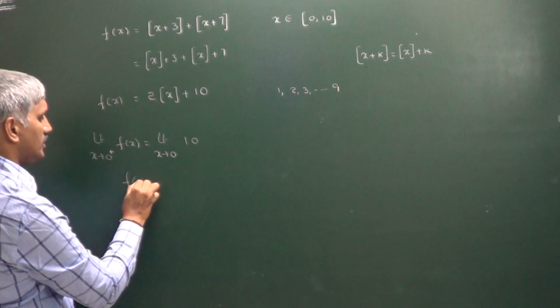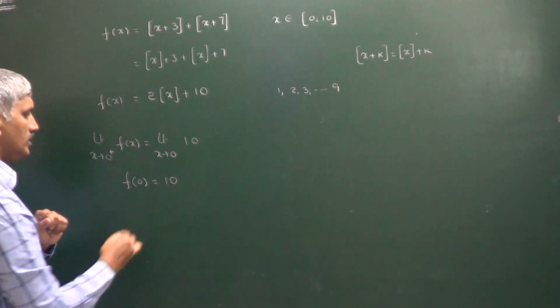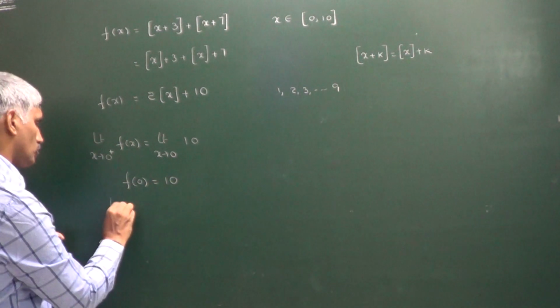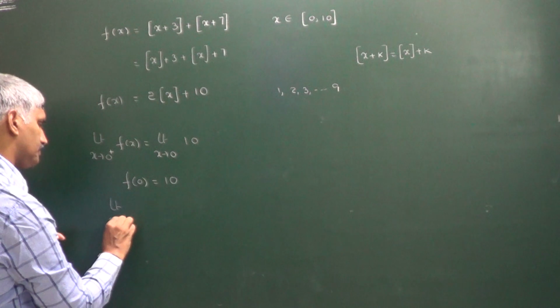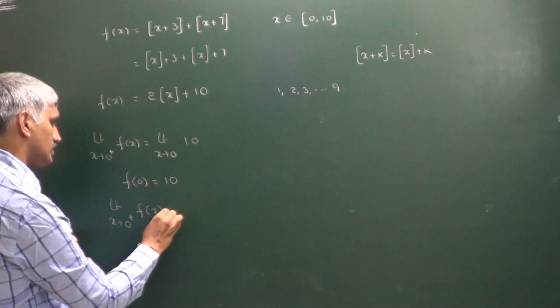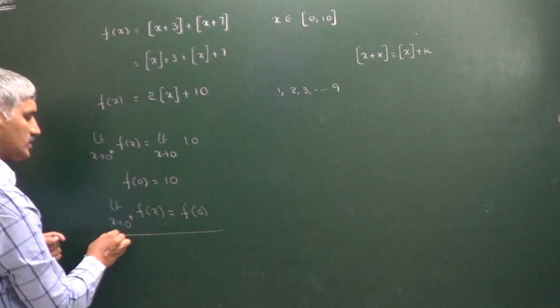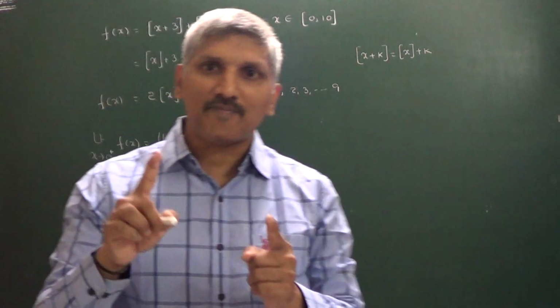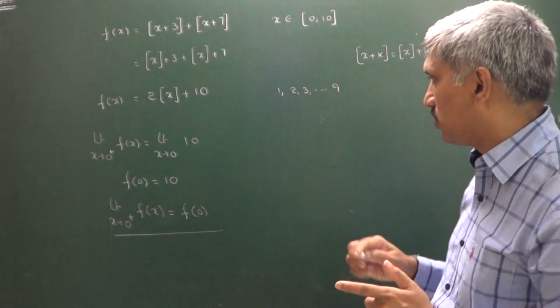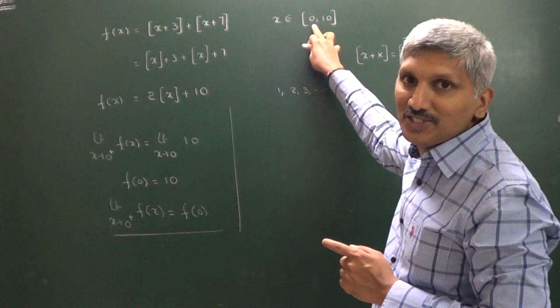Can you tell me directly? f of 0 is also 10. So limit x tends to 0 plus of f of x is the same as f of 0, so the function is right continuous at 0.